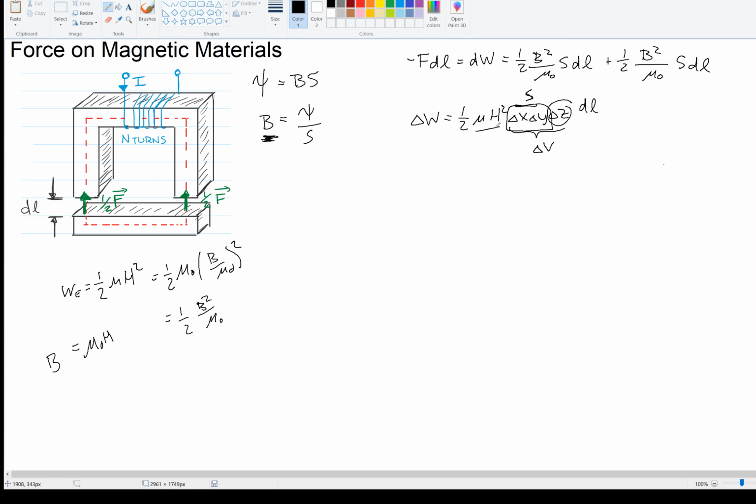And again, we've made this substitution that B is mu0 times h. Okay, so now we can solve that. The dl's drop out, right? We can solve that for F, and we get the force on this thing is negative B squared S over mu0. So the absolute value of that is of course the magnitude of the force. Excellent. So that's the force that this thing experiences.